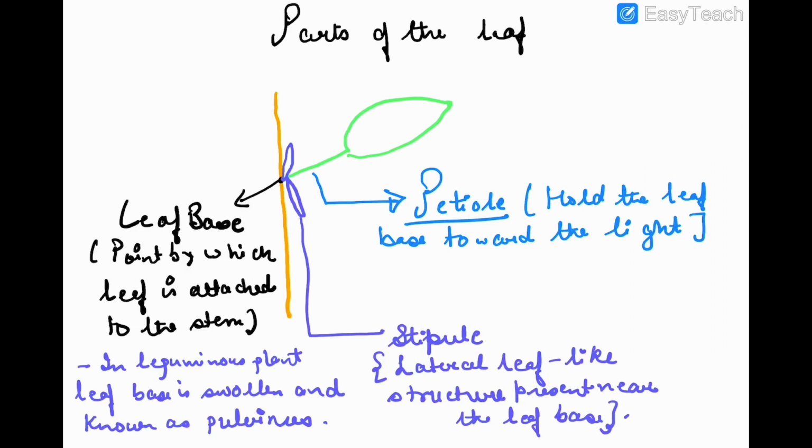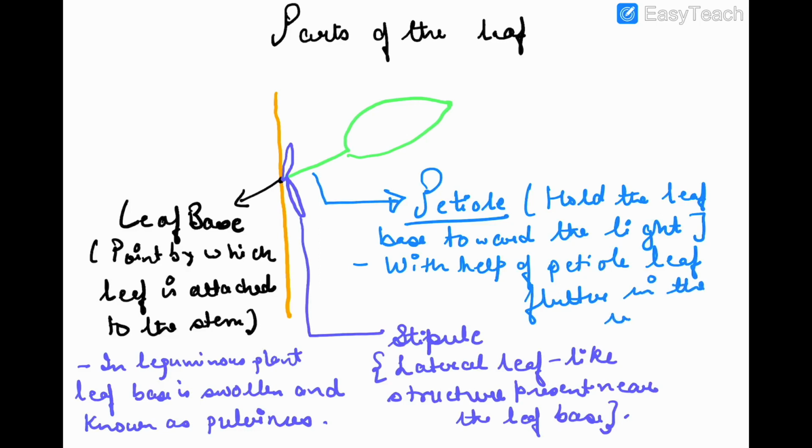With the help of petiole, the leaf flutters in the wind, and this fluttering provides a cooling effect to the leaf.